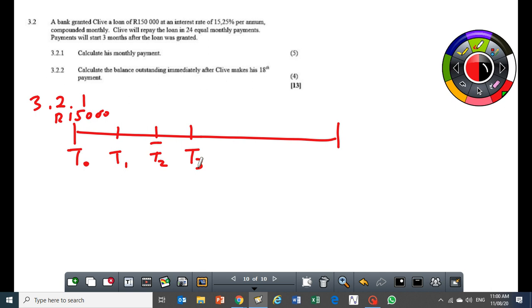The first part of the question: where is the loan after 3 months? Let me hear what you understand about the question.